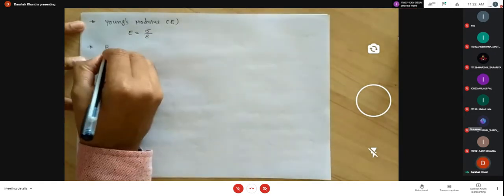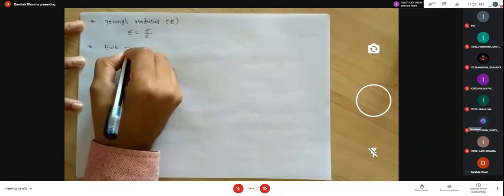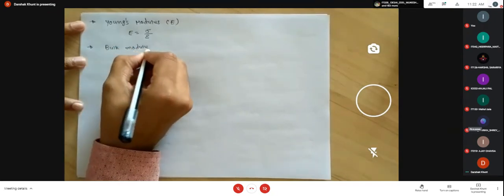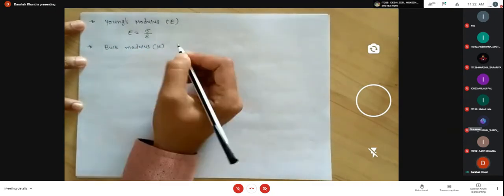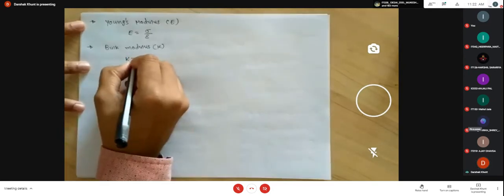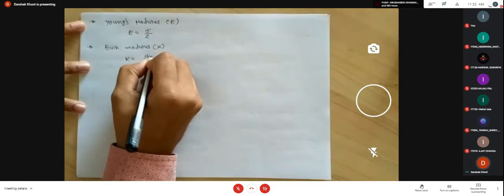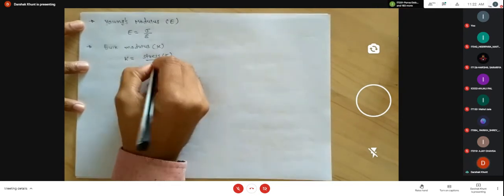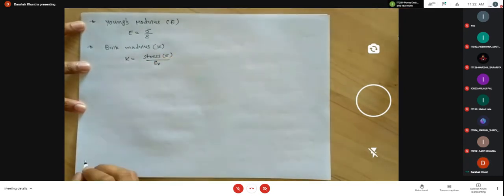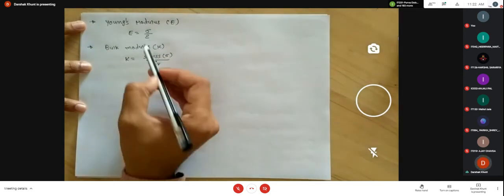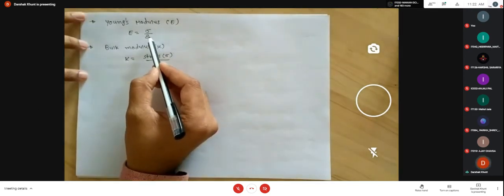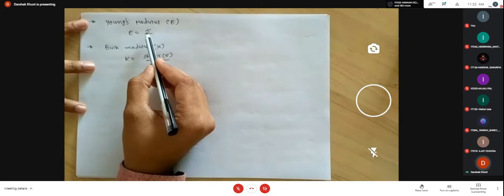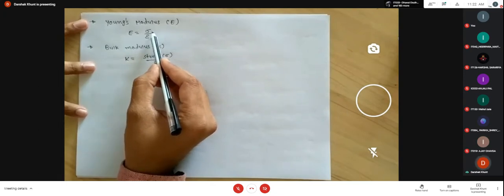Second one is the bulk modulus, and it is defined as K. So bulk modulus is defined as stress by volumetric strain. Here the linear strain means whatever stress acts in a particular direction, in that particular direction strain is considered.